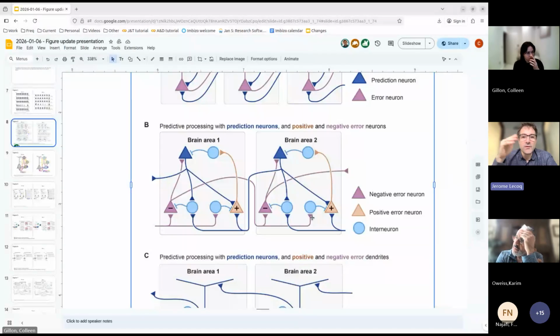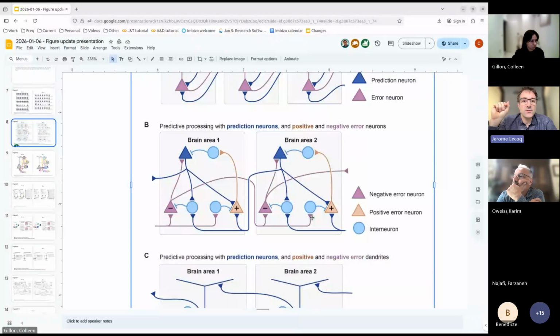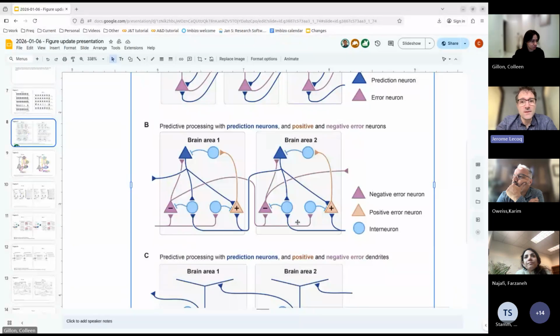Because you have positive and negative errors, they have opposite influence on the internal representation, and so one has to go through an inhibitory cell. But not both? No, because the negative error is the right sign to correct. You have a prediction and the negative error pushes you in the right direction, whereas if you have a flipped error, you need to flip it.